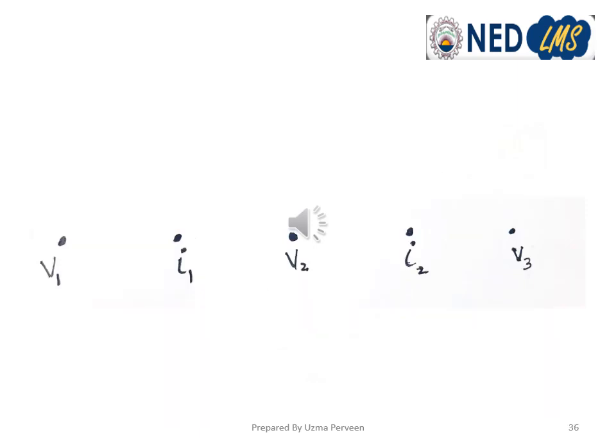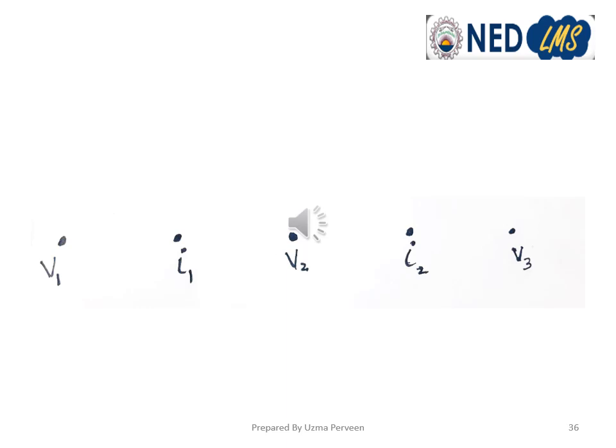We can see from the network diagram that we have 5 variables actually. These 5 variables are V1, I1, V2, I2 and V3. We have arranged them in a straight line in cause and effect form. First, I1 is the effect of voltage V1. When V1 builds up, I1 starts flowing in the first loop.